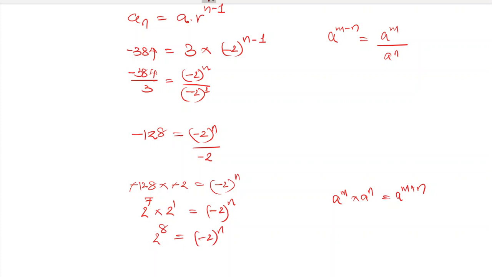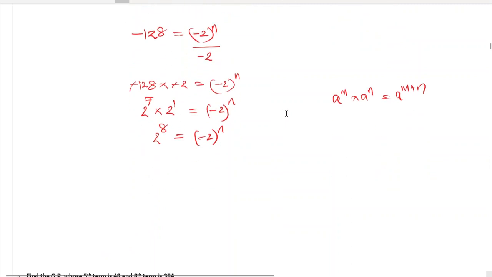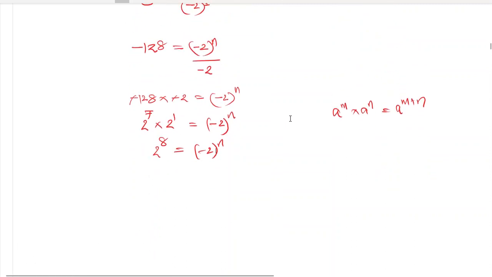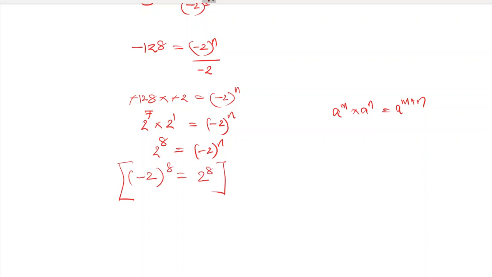Now I just want to recollect some things here. Minus 2 raised to 8 is equal to 2 raised to 8. It's the same thing. You know why? Because a negative number raised to an even power will give you a positive number. So minus 2 raised to 8 and 2 raised to 8 will both give you the same answer.